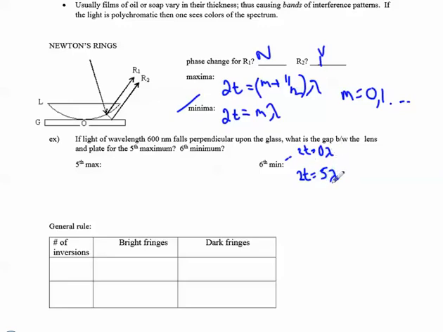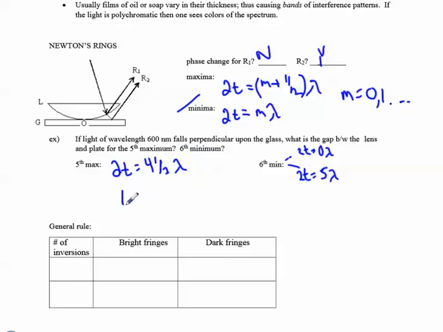And we don't have to use lambda over n here because we are traveling in air, so that's going to be the same as the original wavelength. And then for the 5th maximum, that's going to be 2t equals 4.5 wavelengths, because the 5th maximum is going to occur just before the 6th minimum. You can plug in the numbers here.